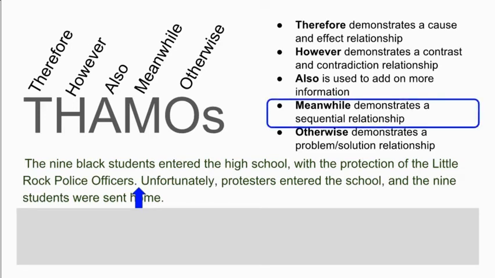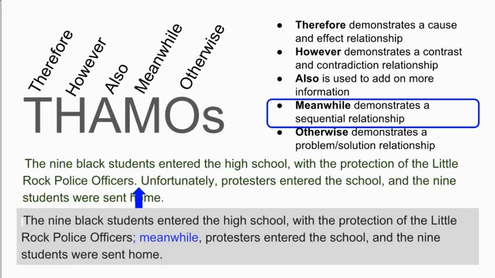I'm going to delete the period and replace it with semicolon, meanwhile, comma. And in this scenario, I'm actually going to delete unfortunately as well. The 9 black students entered the high school with the protection of the Little Rock police officers; meanwhile, protesters entered the school and the 9 students were sent home.